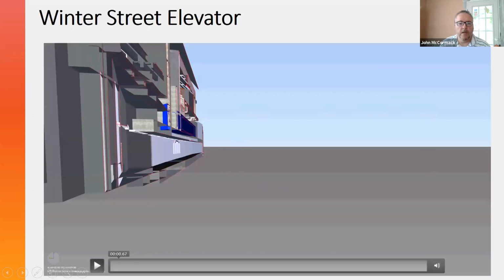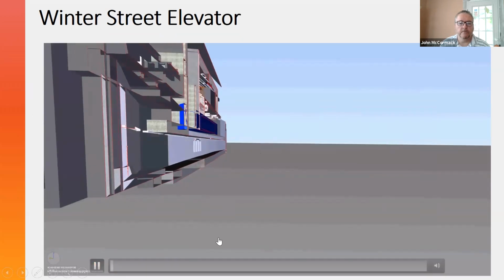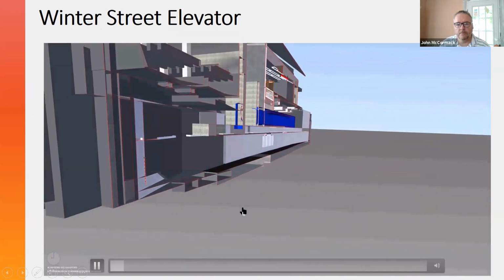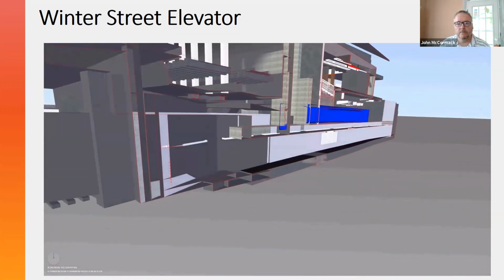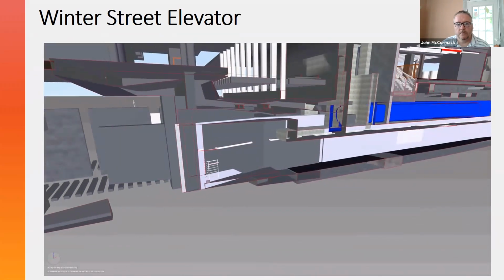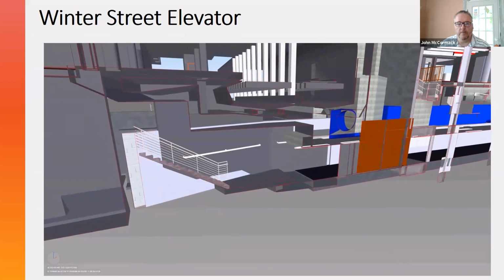I will now run this video presentation, a 3D modeling of the Winter Street elevator. Basically, it's showing the Red Line tracks on the bottom.